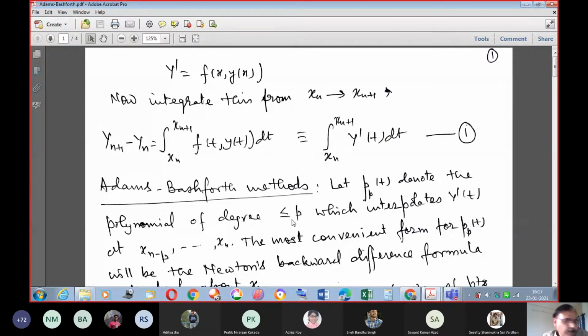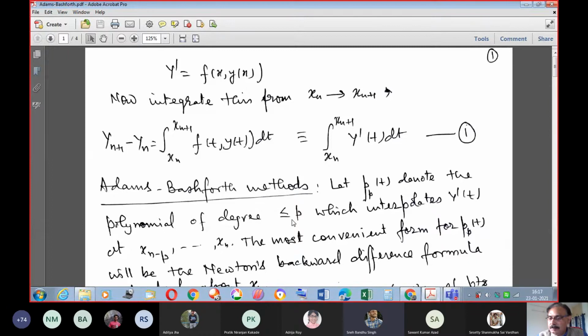Is that so? Yes, sir. If it is p plus 1, you can get even beyond that. What is the trouble? This must have been taught to you in your interpolation. So actually, if we are forming the equation with p plus 1 points, p plus 1 unknowns can be found.